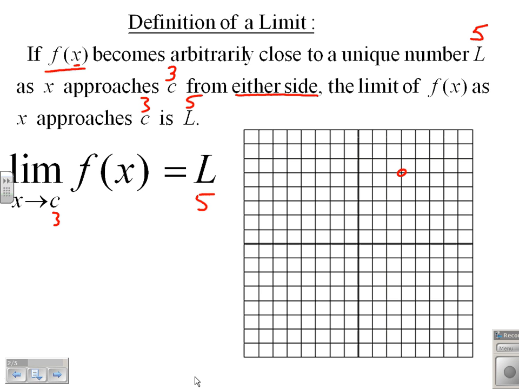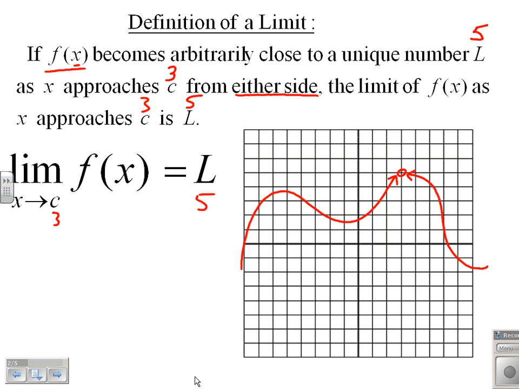So we are approaching 5 by the time we get to 3. And I don't care what's happening anywhere else on here. From either side, we are approaching 5, a height of 5, at x equals 3. And we would say the limit as x approaches 3 is 5.